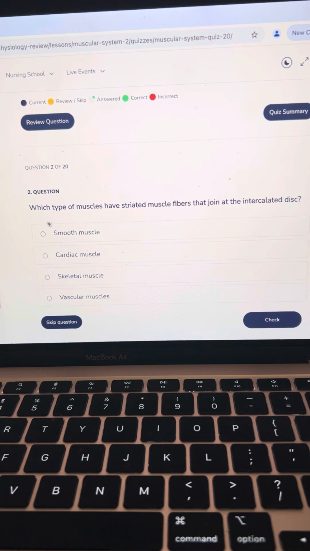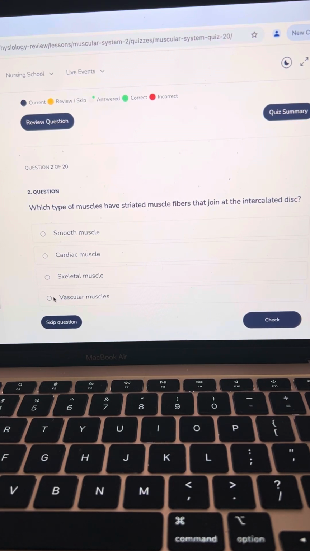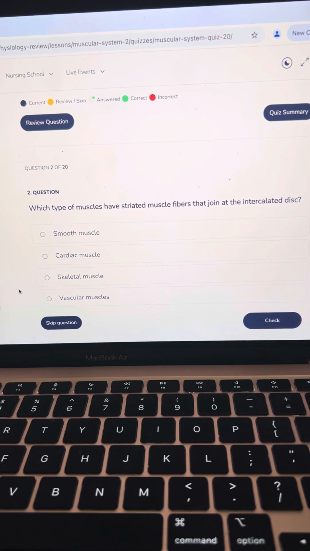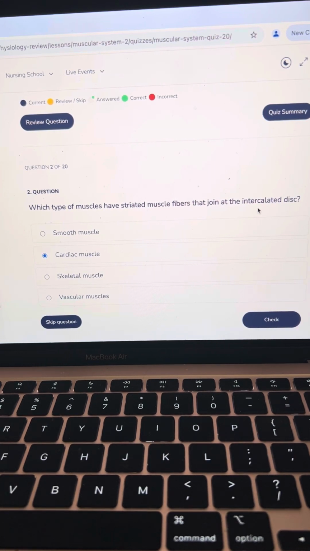Which type of muscles have striated muscle fibers that join at the intercalated discs? Is that going to be a smooth muscle, a cardiac muscle, a skeletal muscle, or vascular muscles? I'll give you a second, okay? And I am going to pick cardiac muscle, because this right here, guys, is the main word that I think everybody should remember.